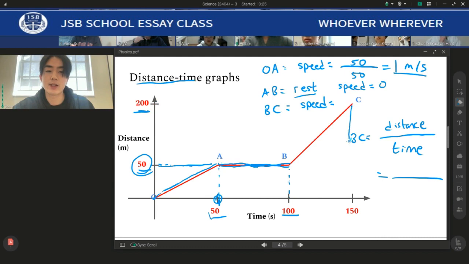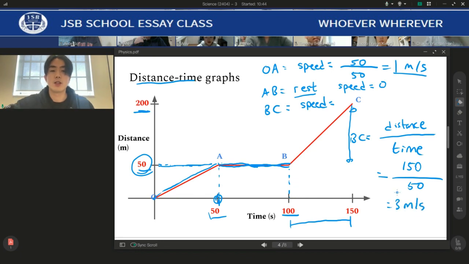B to C distance is this distance here, 150. And then the time? 50. So this time here, okay? Good. So now the BC speed is 3 meters per second, okay? So this means that in B to C, the car is faster than O to A, okay?